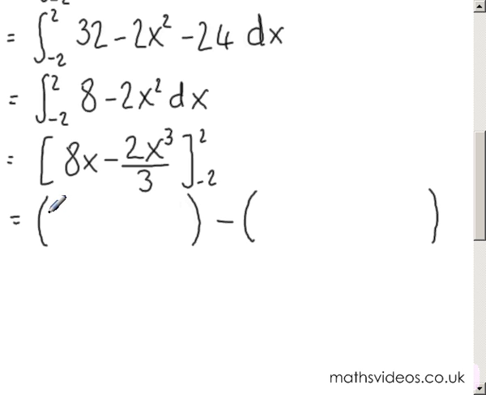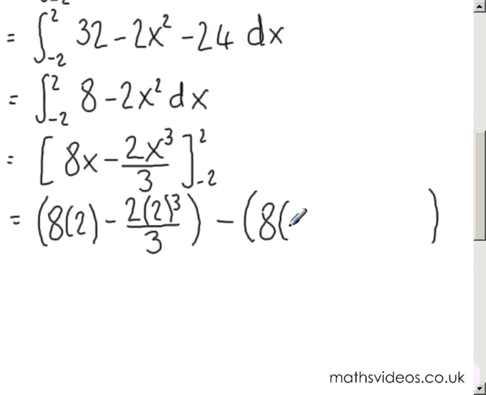So in the first bracket, 8 times x is 8 times 2. And the top line of a fraction is 2x cubed, so that's 2 times 2 cubed. Second bracket, we substitute in minus 2, so that's 8 times minus 2.